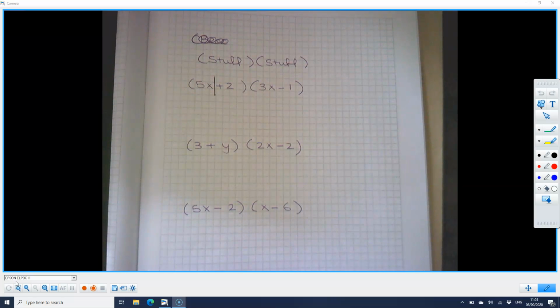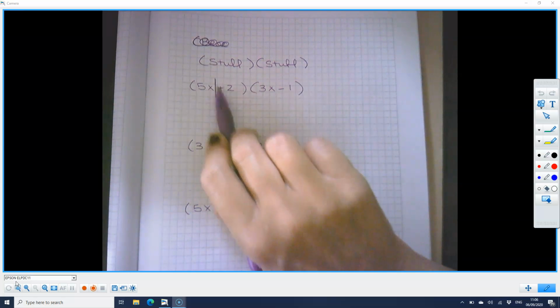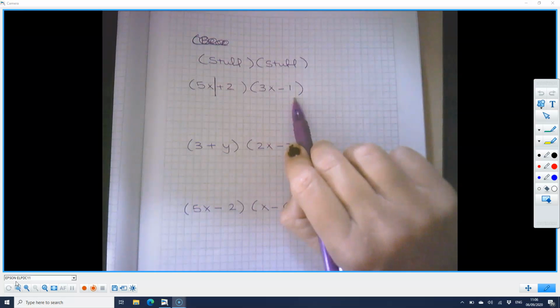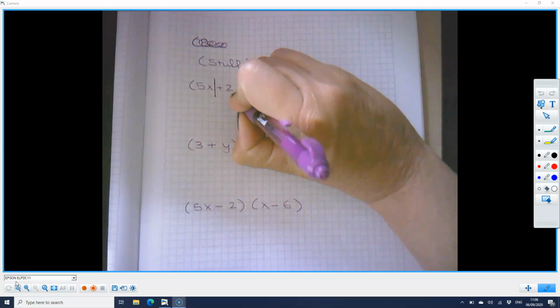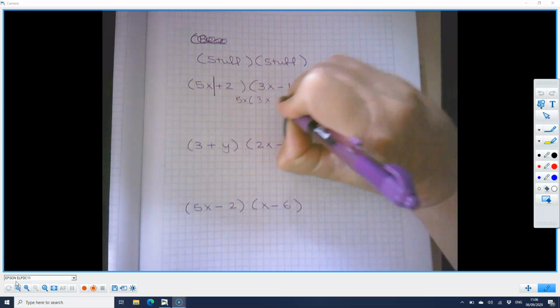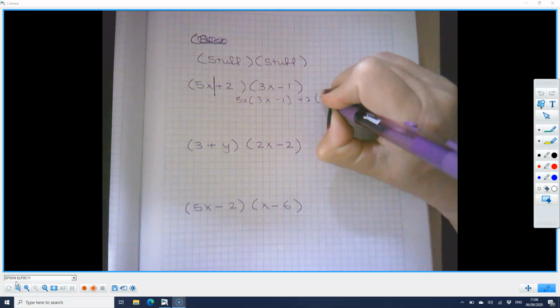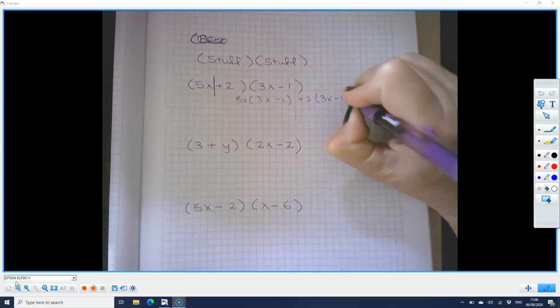Right, so if we split it down the middle there, and you're splitting it in front of the sign for the second half, right? And then what you do is you multiply the first part of the first bracket by everything in the second bracket. So we've got 5x times 3x minus 1, and then we will have plus 2 times 3x minus 1.